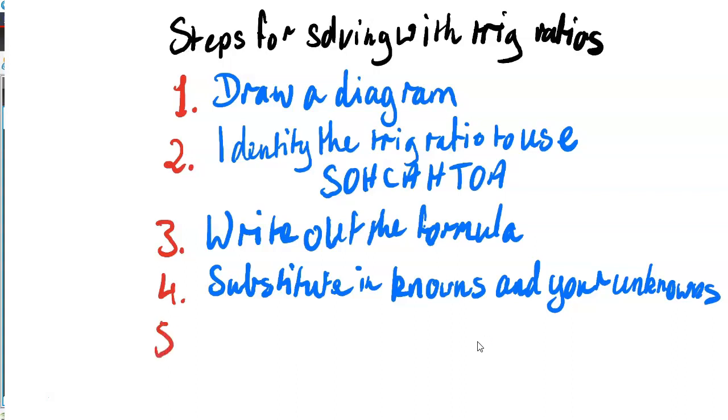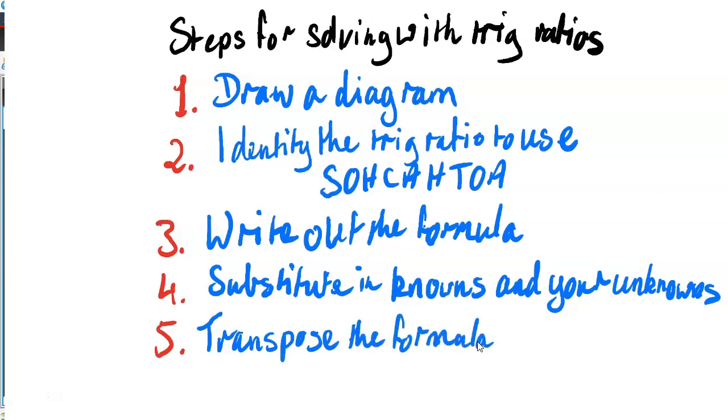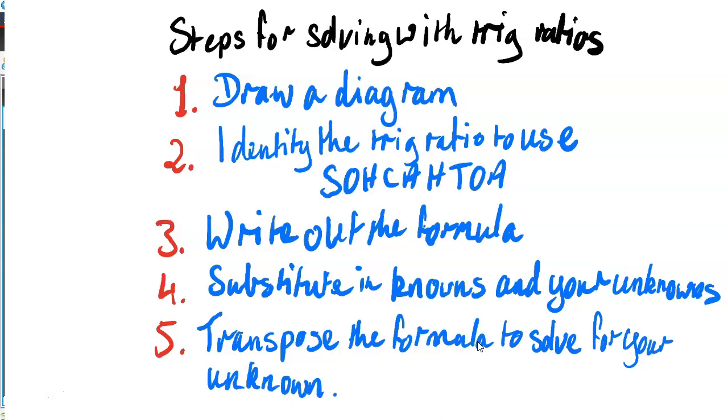Okay. Step 5. Transpose the formula to solve for your unknown. And that's it. Those are the steps we follow for any of these trig ratio questions.